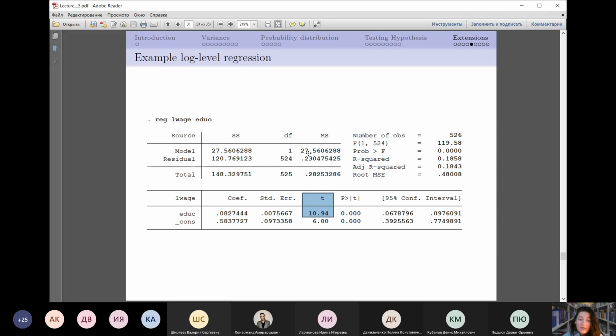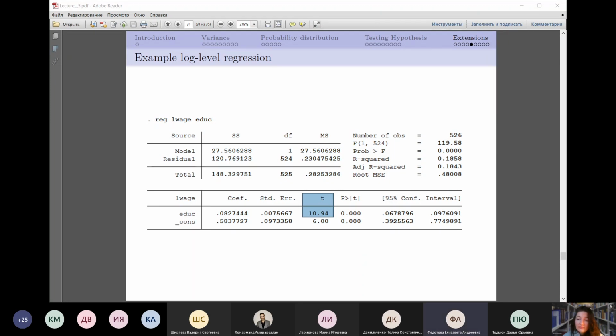How can you conclude something about the significance of this coefficient? What do you think about our slope? At the 5% significance level, what do you conclude? We need to reject our null hypothesis. Why?